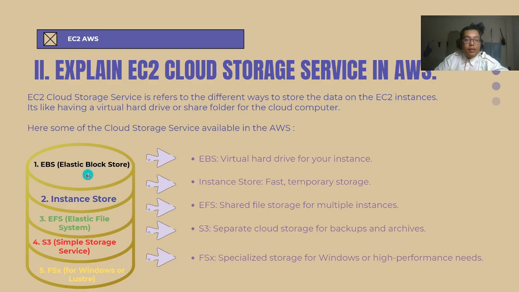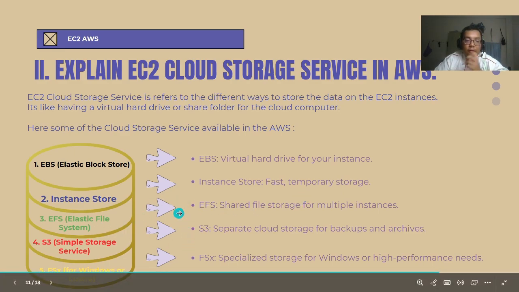Okay, the first is AWS Elastic Block Store. It's a virtual hard drive for your instance, like I said before. Second, instance store. It's fast temporary storage, like RAM. It's fast, but it cannot stay forever.